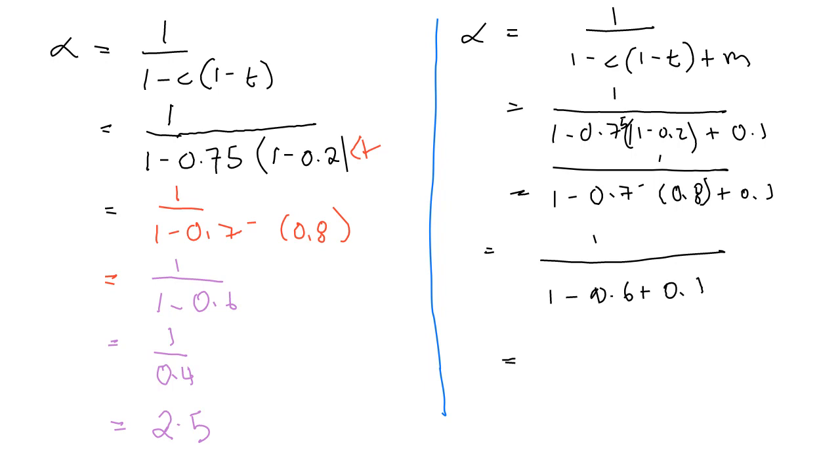And if we add that together, we'll have, in this case, 0.4 plus 0.1, which equates to 1 over 0.5.